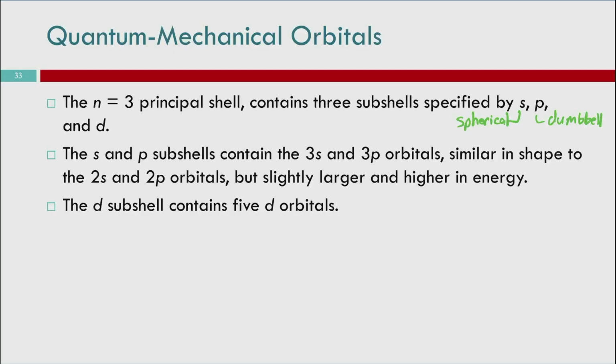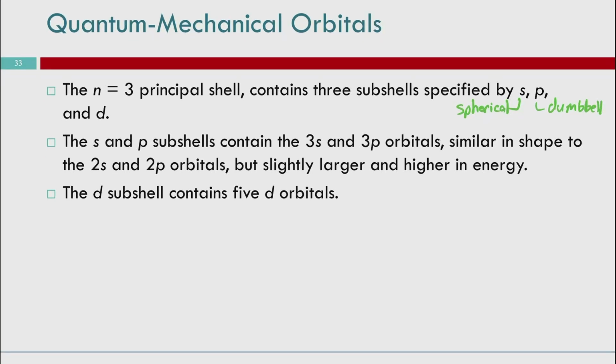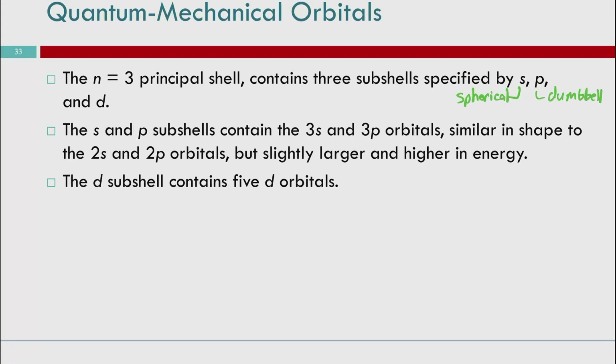Can anyone guess if for our p subshell, the dumbbell shape, for n equals 3 or n equals 2, which one is going to have bigger dumbbells? N equals 3 is going to have bigger dumbbells. It's a higher energy level. So we've just expanded the size of the dumbbells. We've got more energy. We can do more curls or more exercises with our dumbbells.